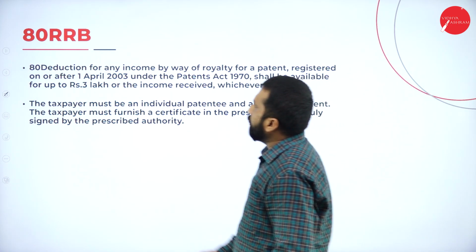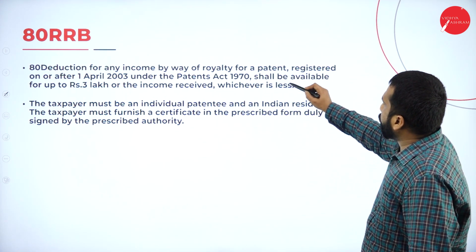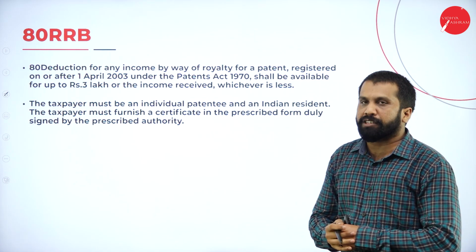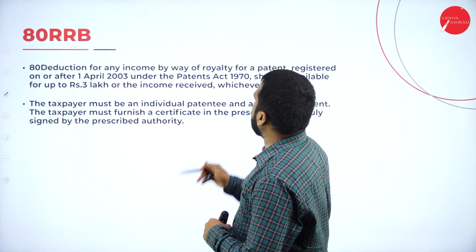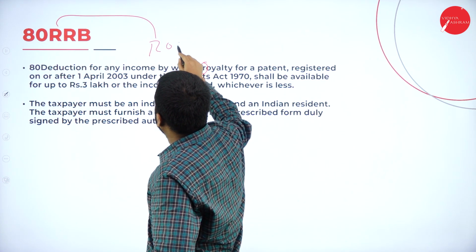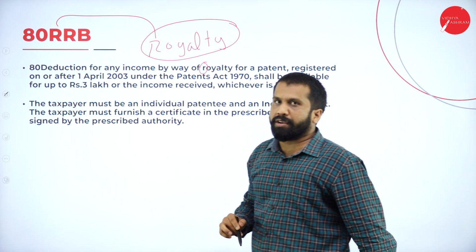80RRB. Deduction for any income by way of royalty for a patent registered on or after 1st April 2003. RRB means what? Easy to remember. R for what? R for royalty.